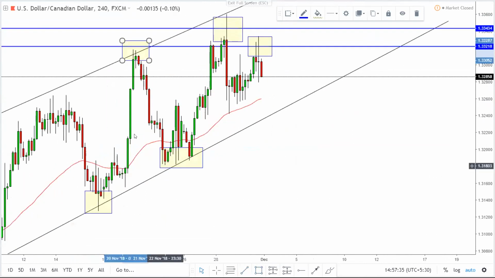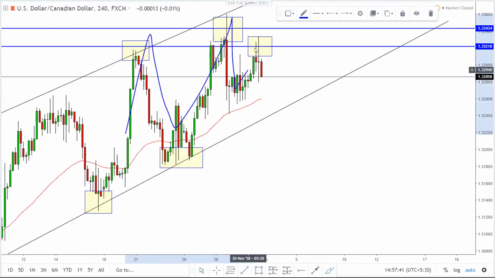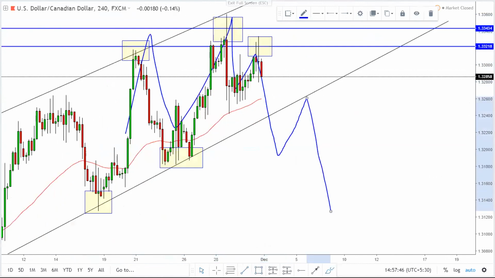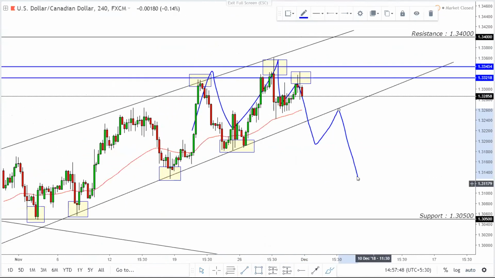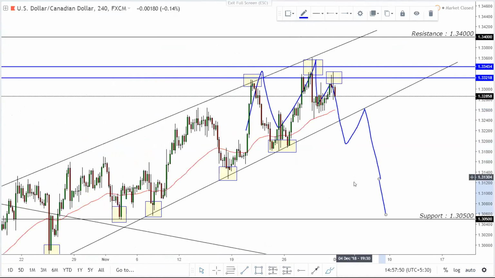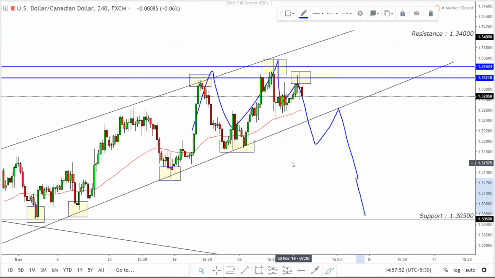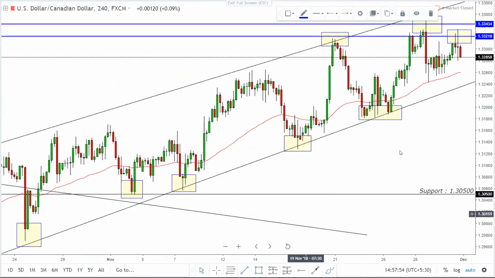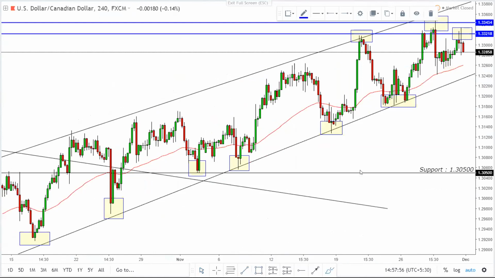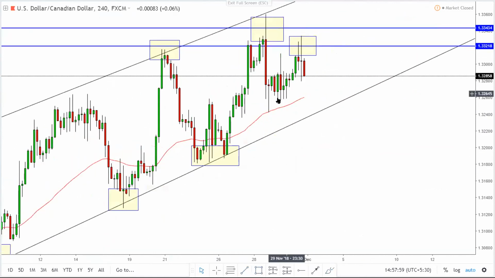It looks like it's going to form a head and shoulders kind of thing. Break to the downside, retest, and then we're going to fall to the support. Do you agree with my analysis, Robin? Yep, I agree.